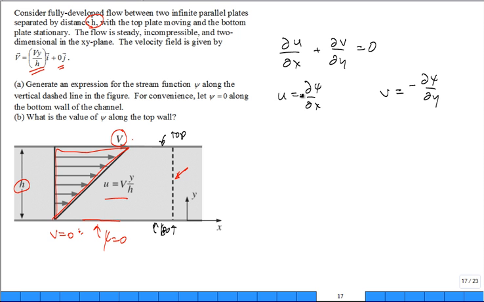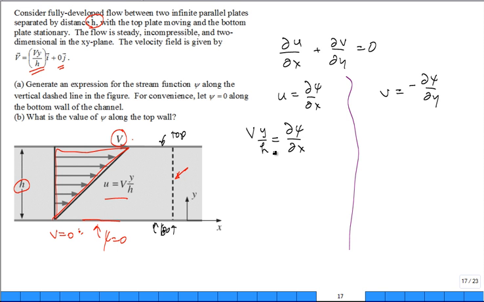In this case, what is u? It's going to be cap V y over h, which is equal to the derivative of psi with respect to y. It's like an ODE, it's a PDE because it's a partial derivative.